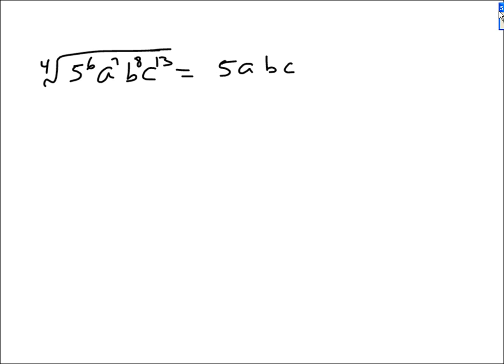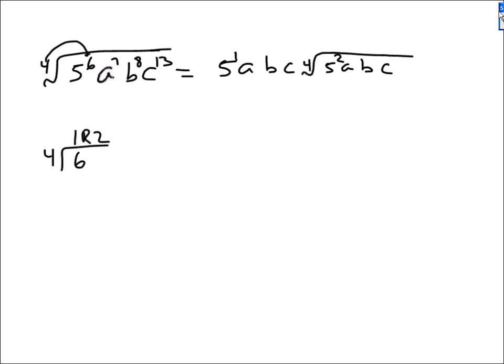If you had the 4th root of 5 to the 6th, a to the 7, b to the 8, c to the 13, part of the answer might have 5, A, B, C in front with various powers, fourth root, and the same things underneath the radical sign. Now you just do long division. 4 into 6 goes 1 time, remainder 2. So 1 and 2.